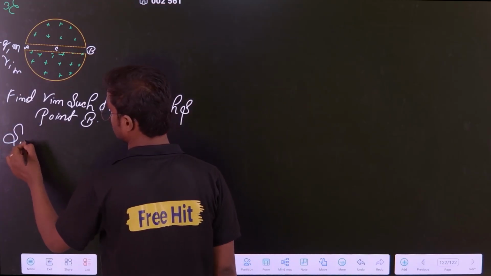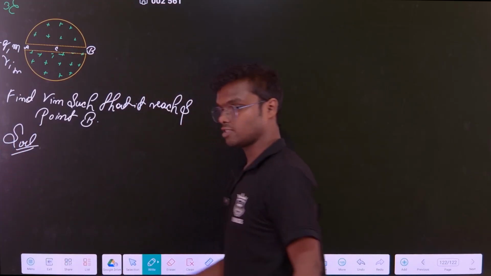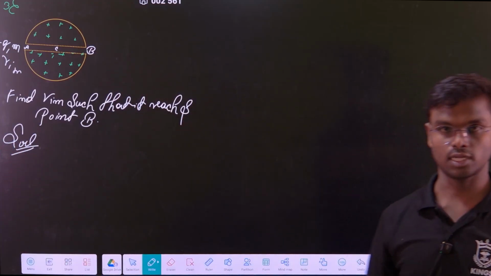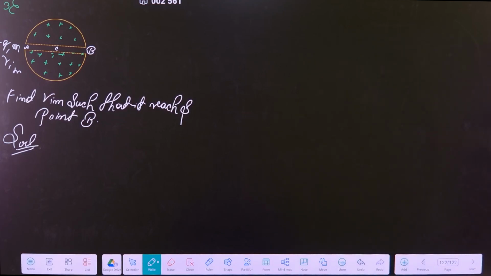First you have to think. First thing, I will give you 1 minute to think and then tell me the answer. I am giving you 1 minute. Just think about what is a V minimum.